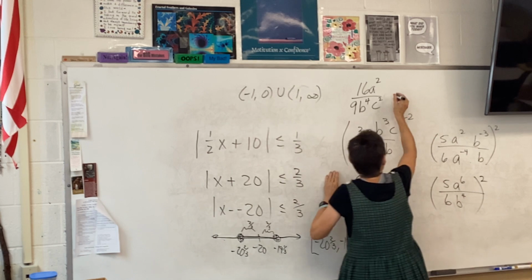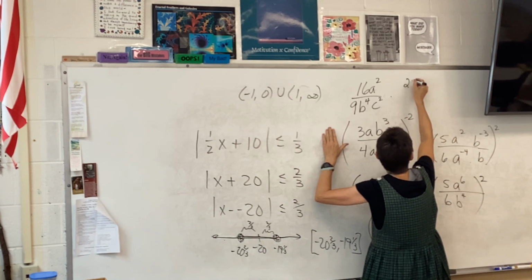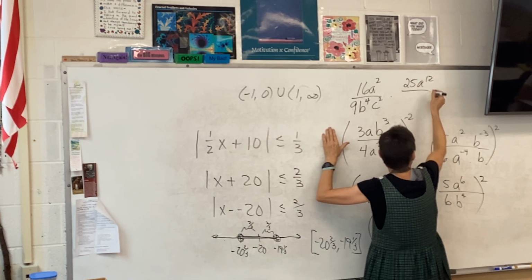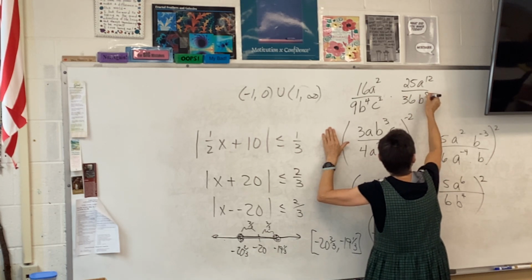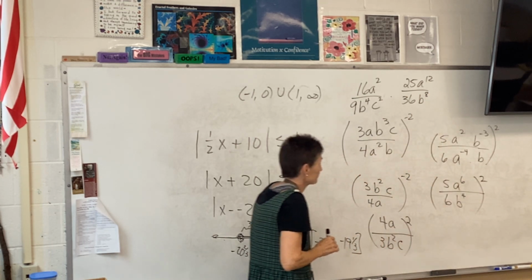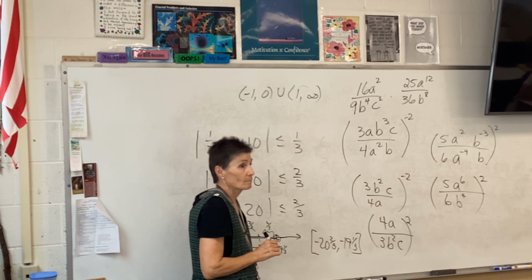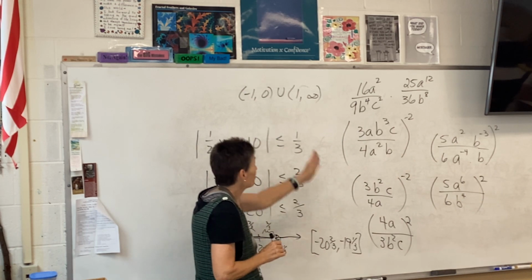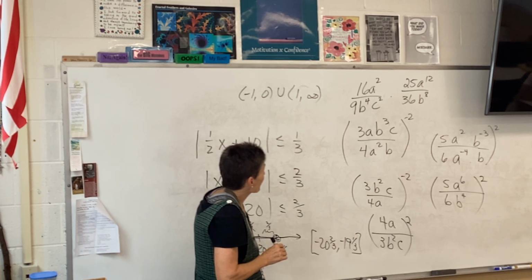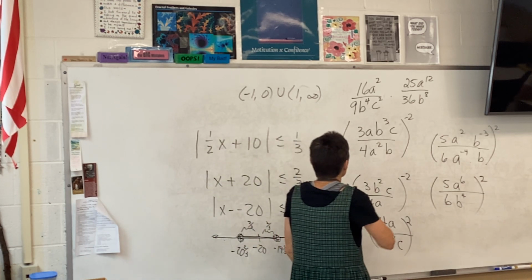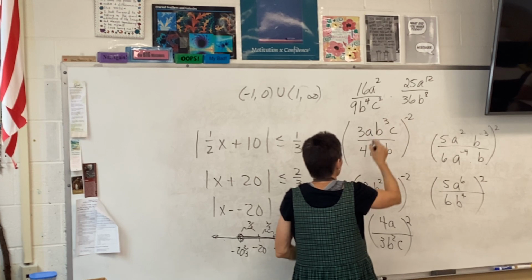So that fraction is 25A12 over 36 B8. Now I gotta put them together. So, let's see. I've got a lot of numbers. I've got a 16, 25, 9, and 36.